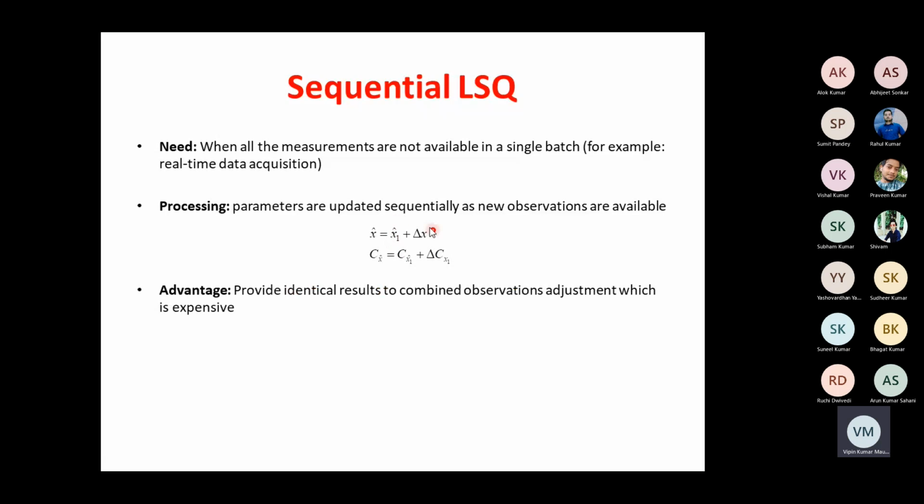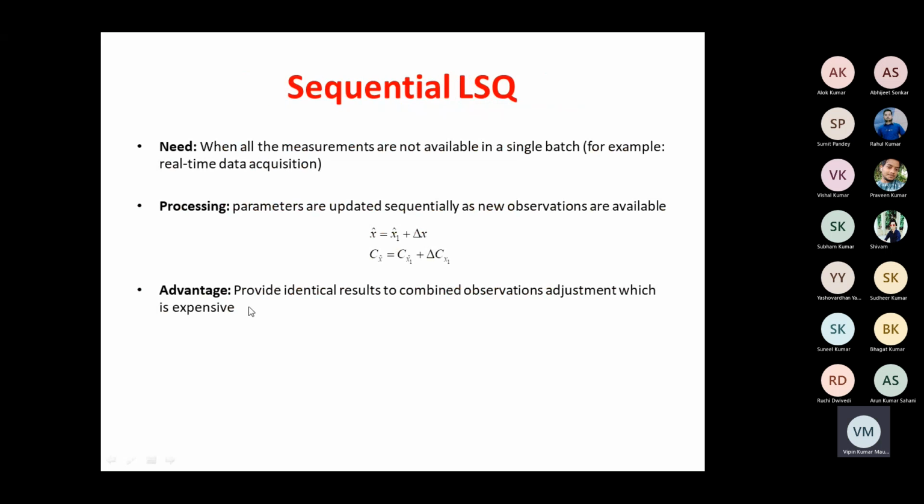Delta x you have to compute on the basis of new observations, and you get the next updated estimate. Similarly, for the covariance matrix, Cx equals Cx1 plus delta Cx1. Our objective will be to compute delta x and delta C on the basis of new observations. Once we have done that, then directly we can compute x and C.